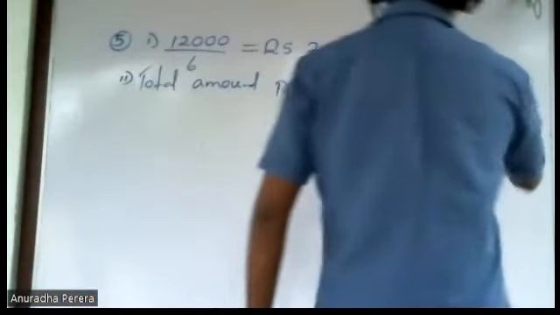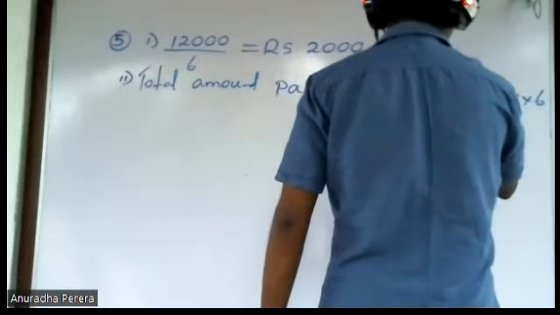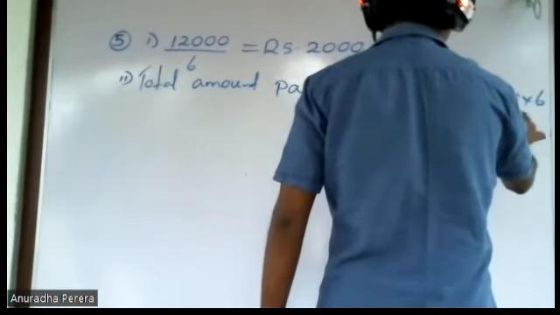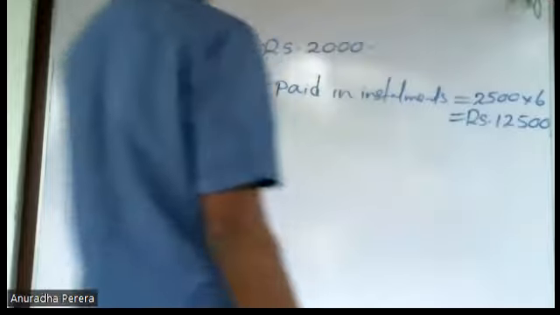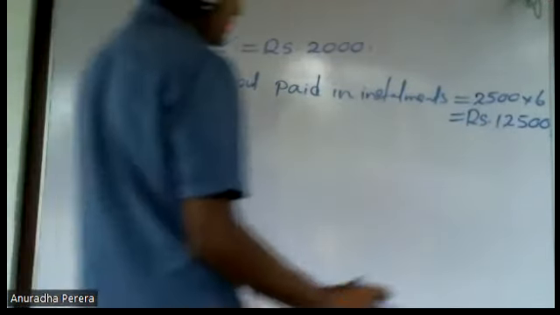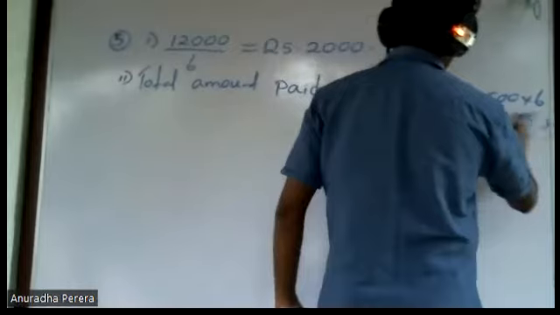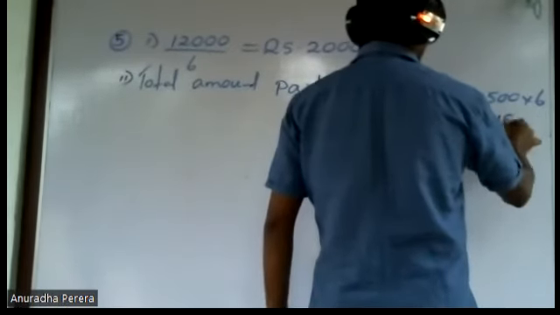Multiply 1,500 by 6, 12,000. Right. Now, sorry, 15,000.